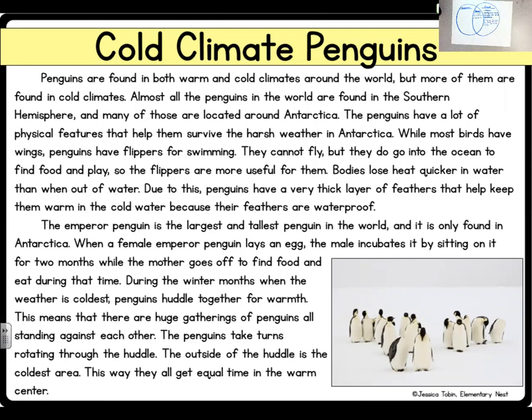All right, the emperor penguin is the largest and tallest penguin in the world and is only found in Antarctica. When a female emperor penguin lays an egg, the male incubates it by sitting on it for 2 months while the mother goes off to find food and eat during that time. During the winter months, when the weather is the coldest, penguins huddle together for warmth.